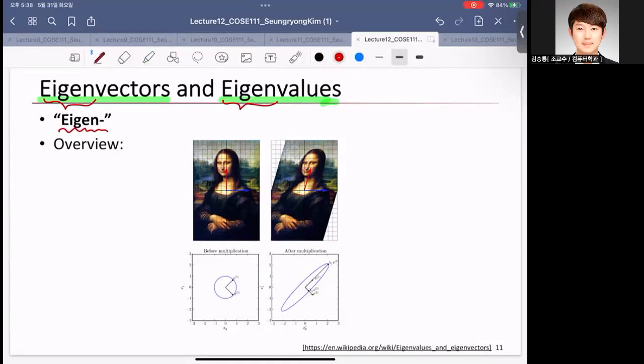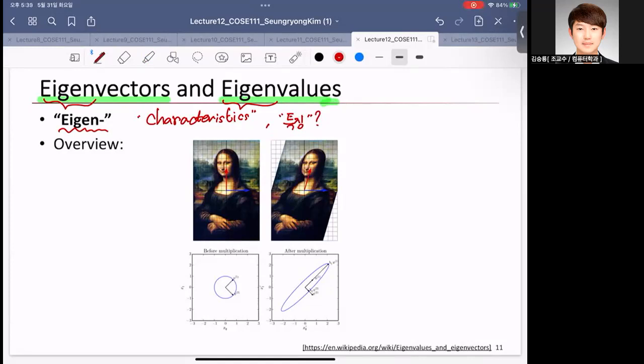Eigen means characteristics of a matrix. In Korean, 특징, right? 특징 이런 뜻이에요.